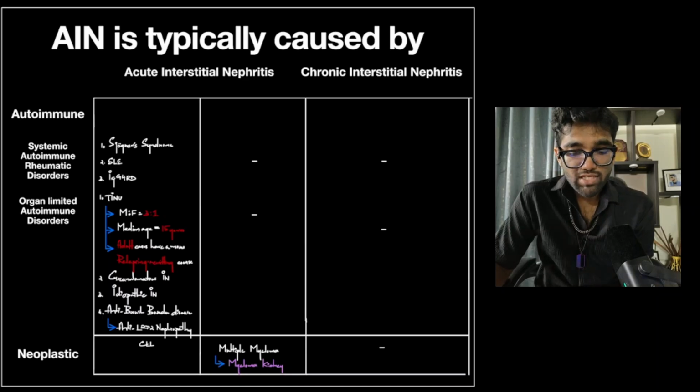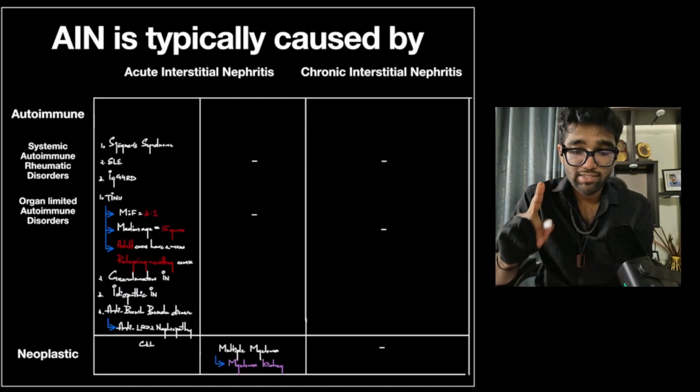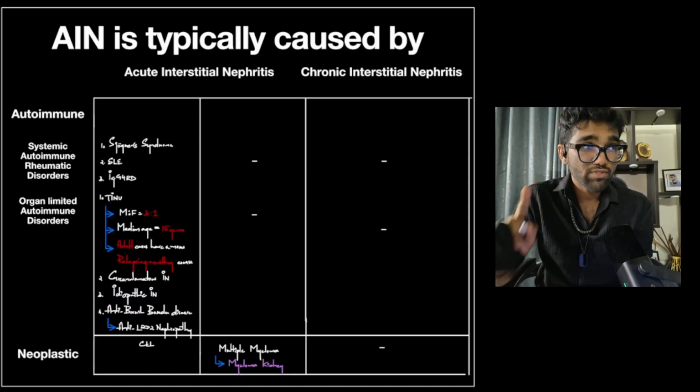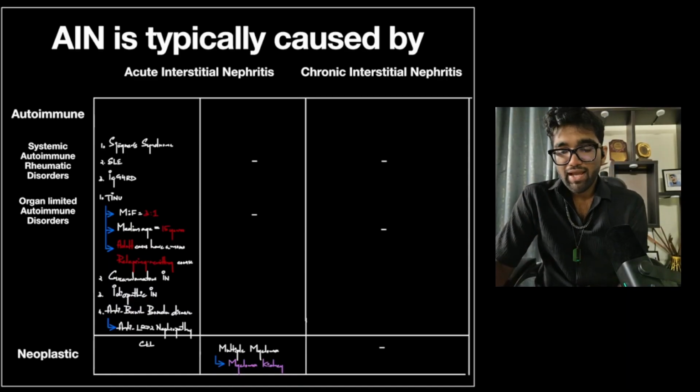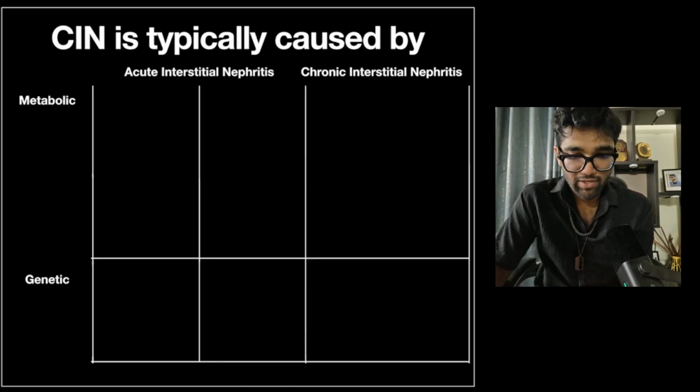Now, obviously, chronic interstitial nephritis does not happen with any neoplastic disorders. Essentially, autoimmune disorders, except for the notable exception of IgG4 related disease and nephrocalcinosis with sarcoidosis, do not cause chronic interstitial nephritis, and similarly, neoplastic disorders do not cause chronic interstitial nephritis.